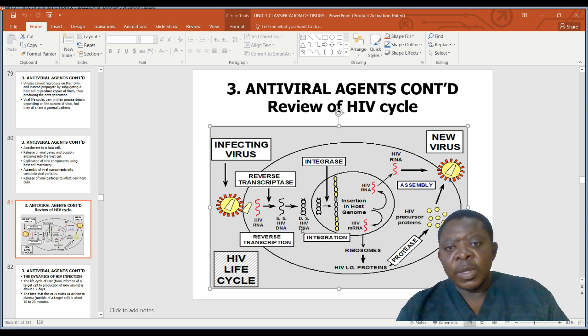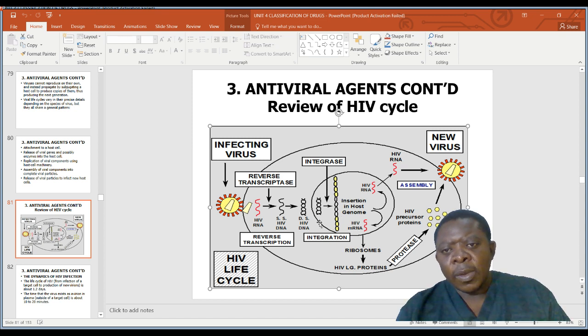When this happens within the cell, we have the integrase enzyme. This new host DNA with the HIV component is going to be integrated, inserted, within the host cell. This part here shows that this new part of the DNA has been inserted into the host DNA.